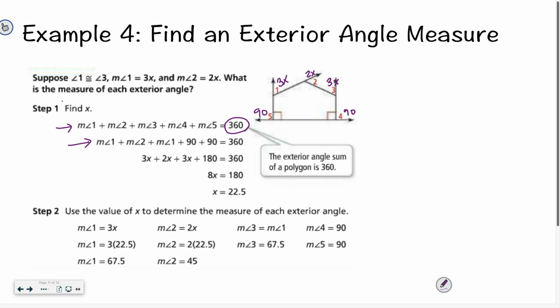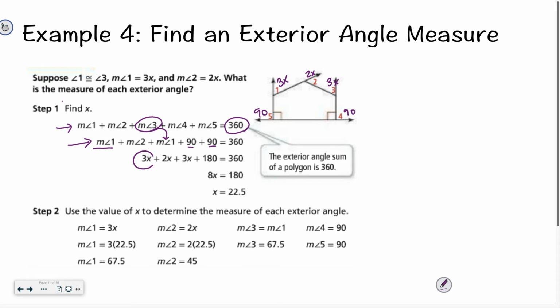Well, I know that the measure of angle 1 plus the measure of angle 2, and then instead of writing the measure of angle 3, I'm going to rewrite the measure of angle 1 because I know it's 3x. And then I already know that angle 4 and angle 5 are both 90, so I replace it. So I have measure of angle 1 plus measure of angle 2 plus measure of angle 1 plus 90 equals 360.